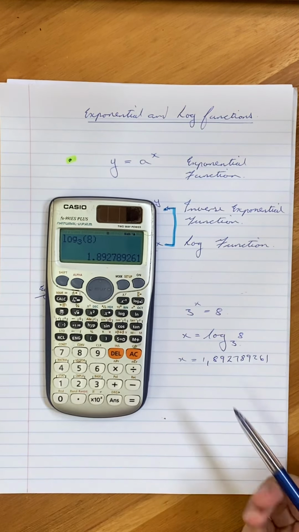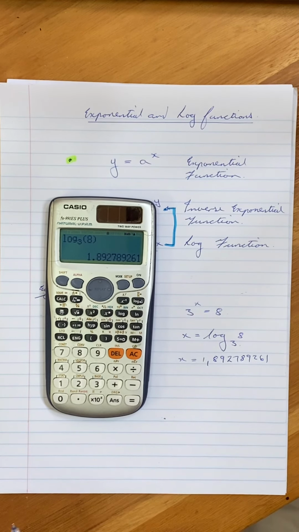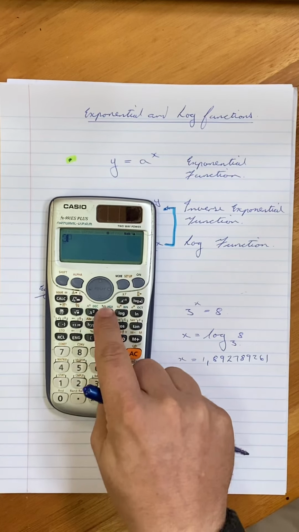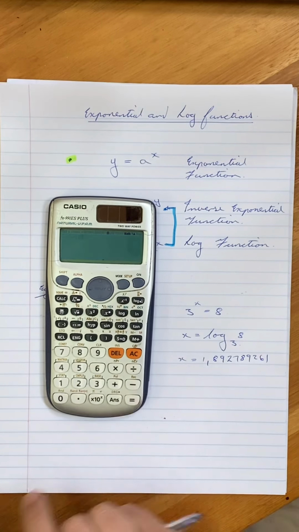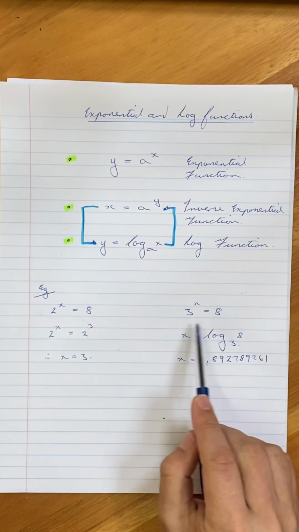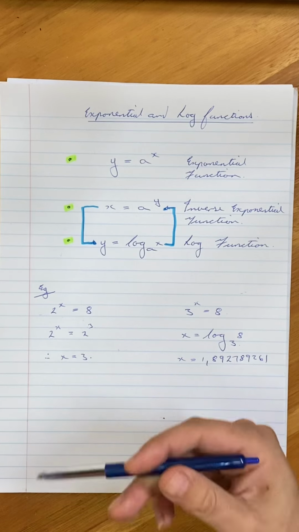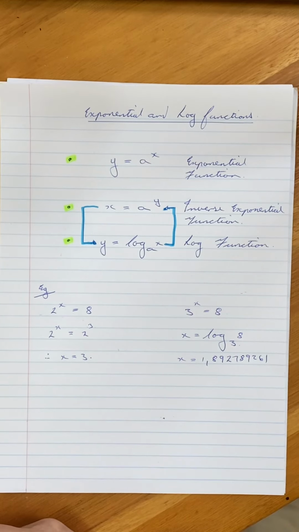In other words, if I take 3 to the power of this number, I will get 8. So let's have a look: 3 to the power of whatever answer we got there, and we get 8. So you see, now we don't have to represent things with the same bases as we did here. We've got a tool now that can help us find out what this exponent will be to find the answer, okay?